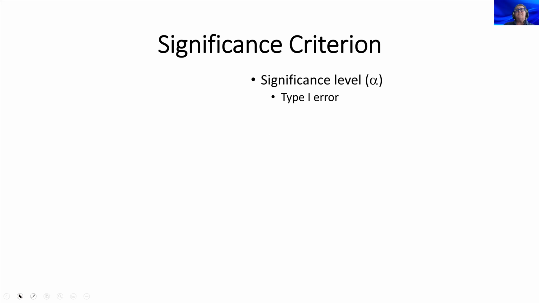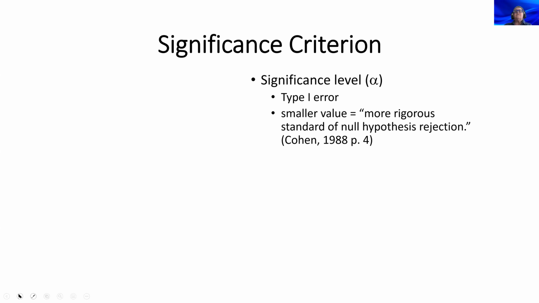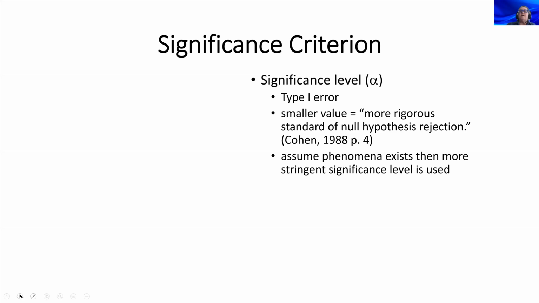In terms of significance criterion, this is alpha. You see it represented as significance criterion. Cohen noted the smaller value is a more rigorous standard of null hypothesis rejection. So moving from 0.05 to 0.01. If we assume that whatever we're studying, the phenomenon exists, then a more stringent significance level is used.